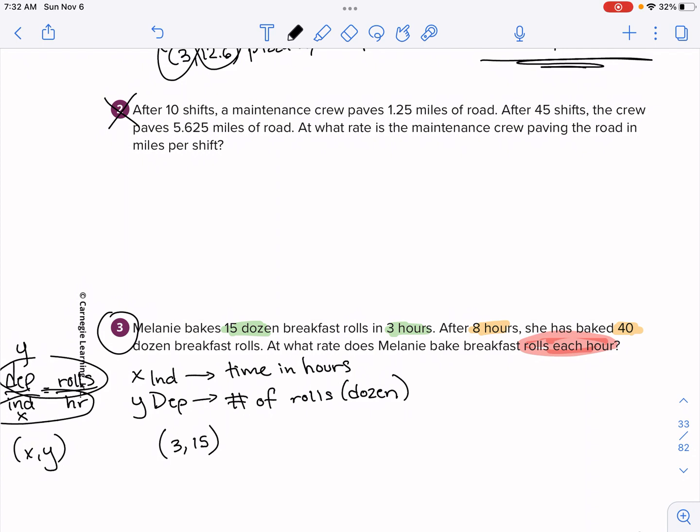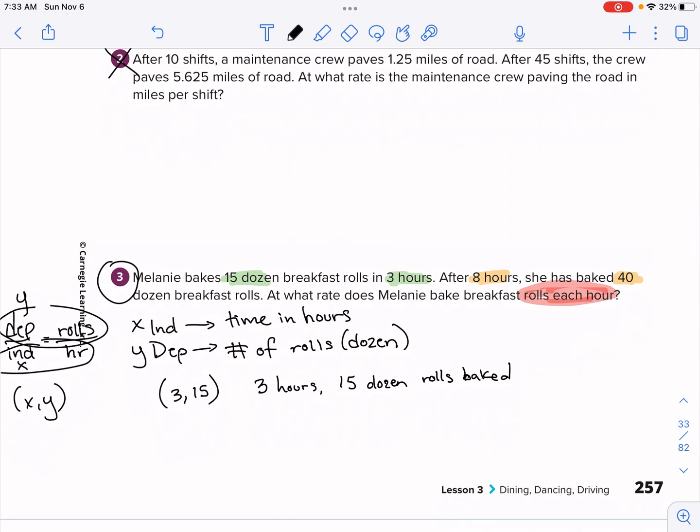So this is represented as 3 hours, comma, 15 dozen rolls baked. I could have written that a lot better, but we'll just keep it like that. And then the second thing here we're going to put is what I have in orange in terms of time: 8 hours, 40 rolls baked. Or sorry, 40 dozen rolls baked.